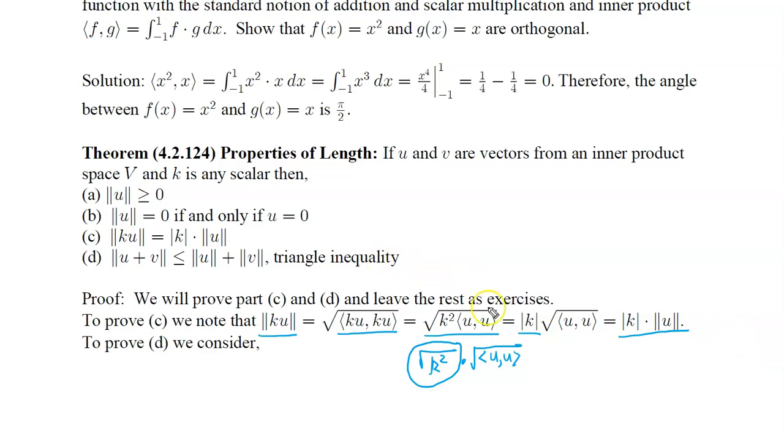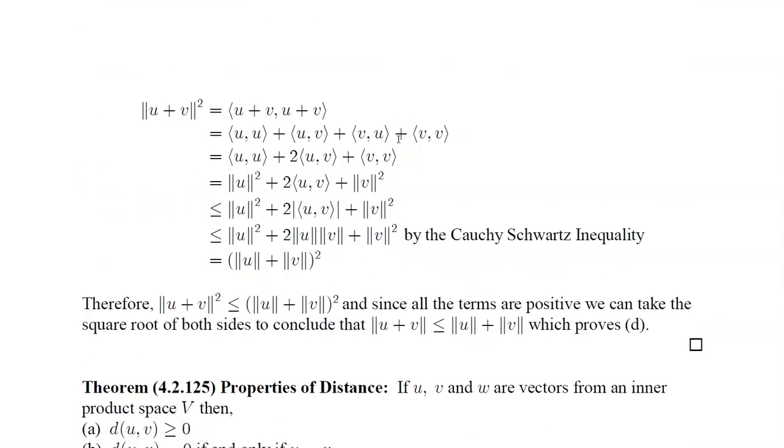Let's take a look at the proof of the triangle inequality. What we're going to do is square that left-hand side. So notice right here we have the norm of u plus v squared. Now we'll get rid of this soon. This is equal to the inner product of u plus v with itself.